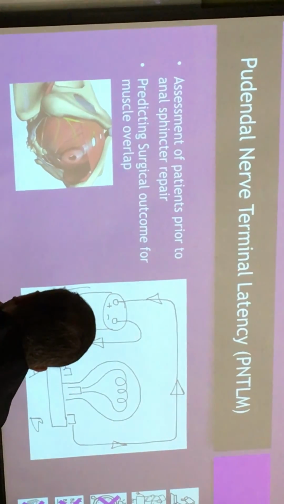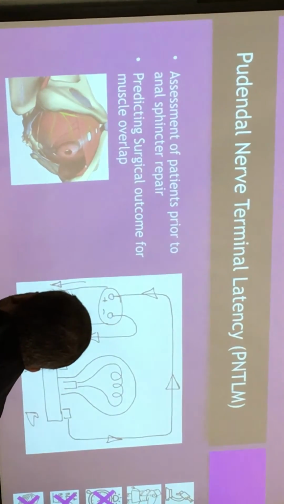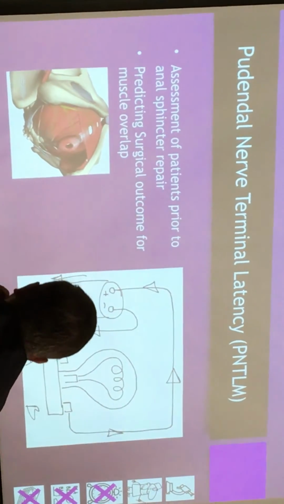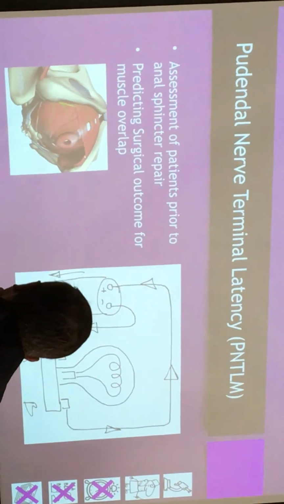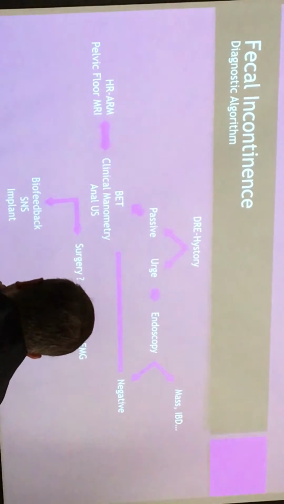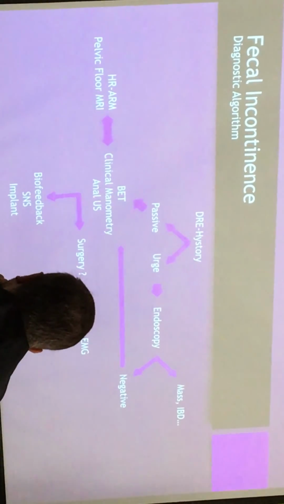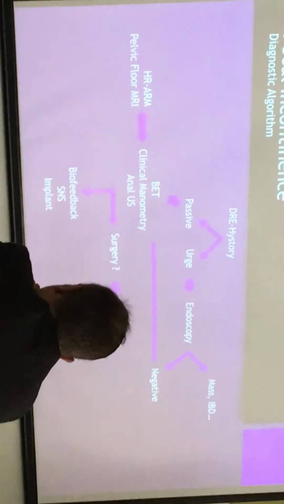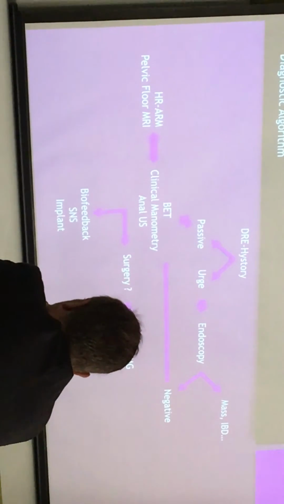So I think that this test should be much more in our common evaluation of the patient than it is today. If you wanted to draw a fecal incontinence diagnostic algorithm, then starting with history and digital rectal examination, we then have two possibilities.